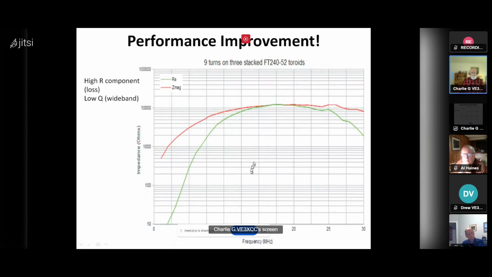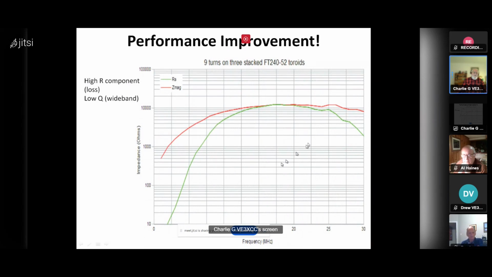In fact, this is what the graph looks like. You can see that it's significantly flatter. It's moved down in frequency. In these two plots here, the green line is the real component of the impedance, so it's the effective resistance, whereas the red line is the plus JX of the coil.